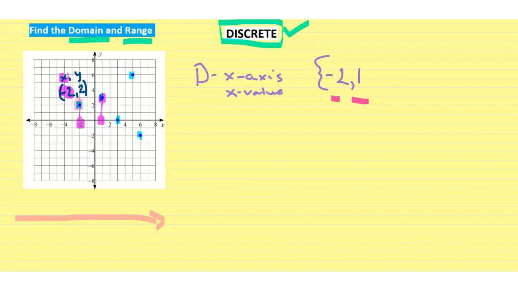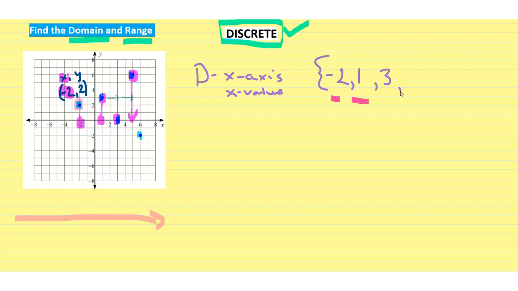So we're going to continue going left to right. The next point would be this point right here. This point is actually on the X-axis at the number 3. So that would be my next X value represented. Then I continue going left to right, and I'm going to stop right there because there is another point. This point lines up on the X-axis with the number 5.